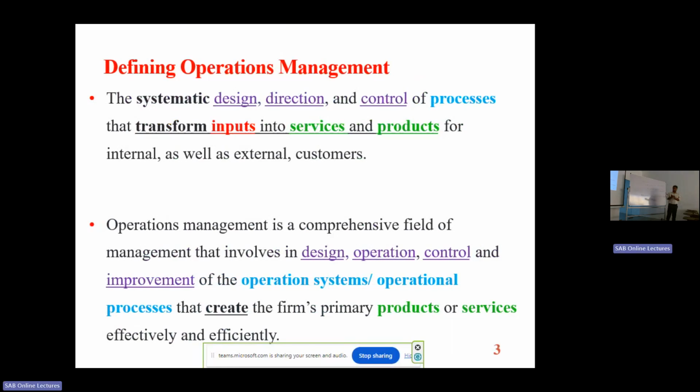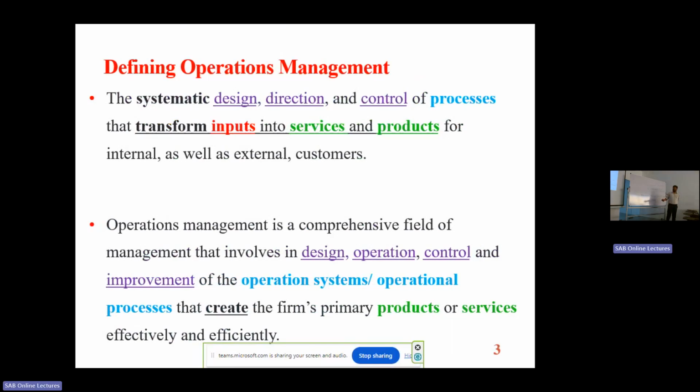So operations management is all about designing processes and directing and controlling them for converting or transforming operations inputs into outputs, products and services, to the customers.